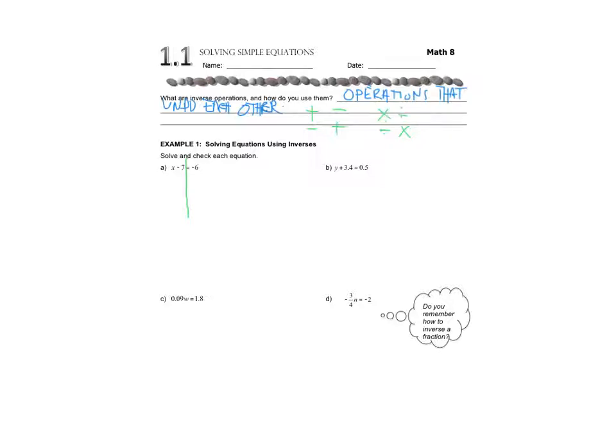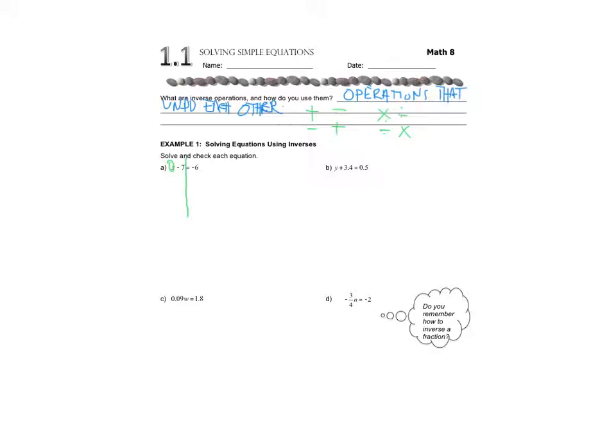Secondly, I want you to always get in the habit of circling the variable. This just starts to give us some notes. We know what we need to do to solve this. The variable is what we're trying to solve for, so we just put a circle around it. That way we know that's the thing that we need to get by itself, or isolate.